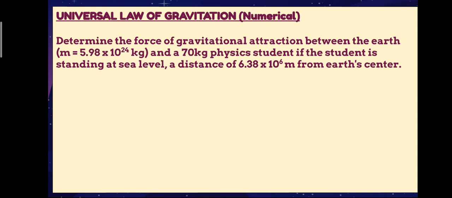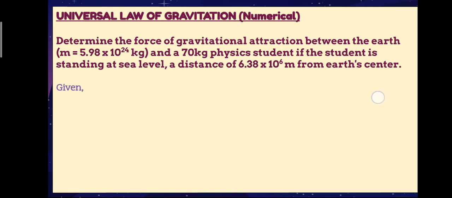Now here we need to remember that the object is the physics student who is standing on the surface of the earth, and so the distance of the student from the center of the earth is the radius of the earth, that is 6.38 into 10 raised to 6 meter.